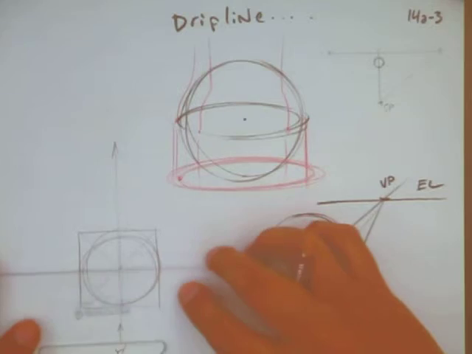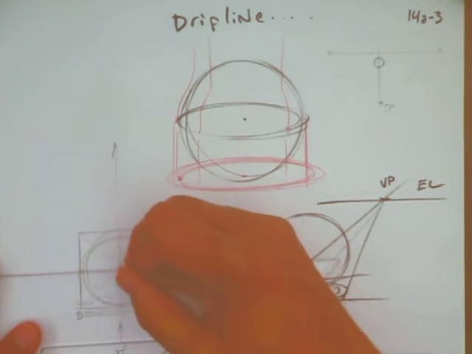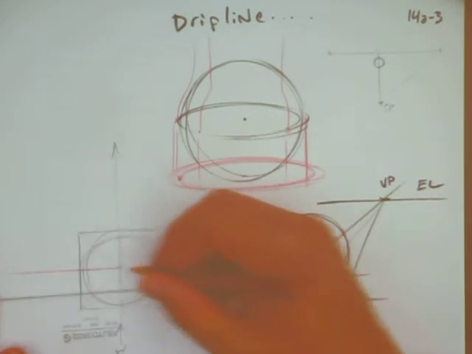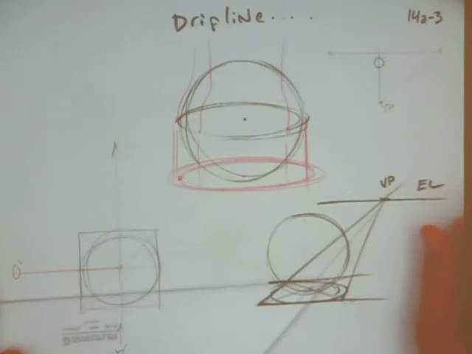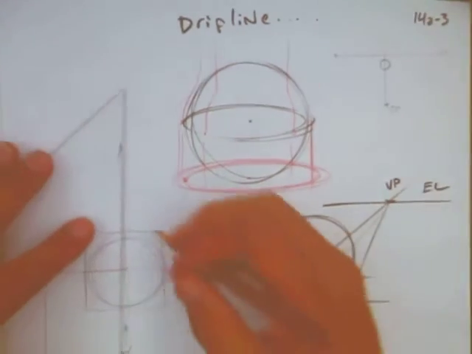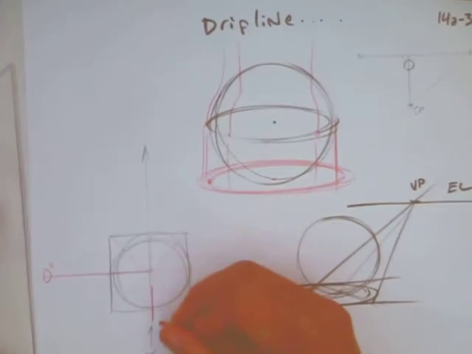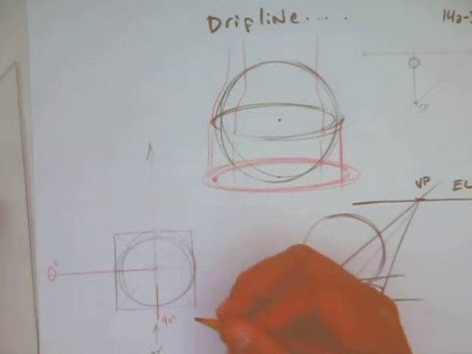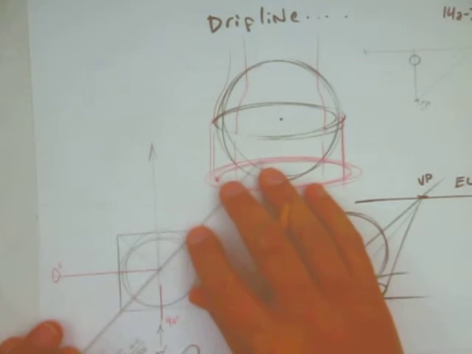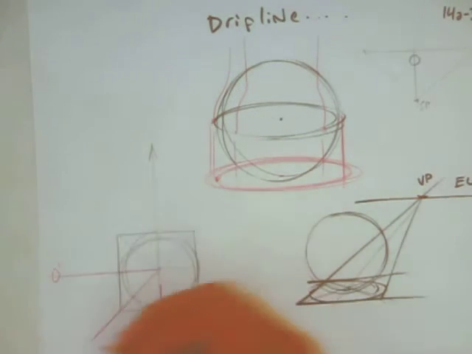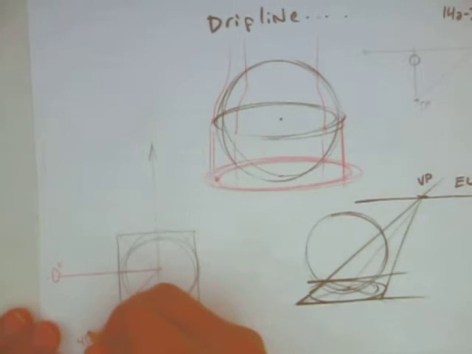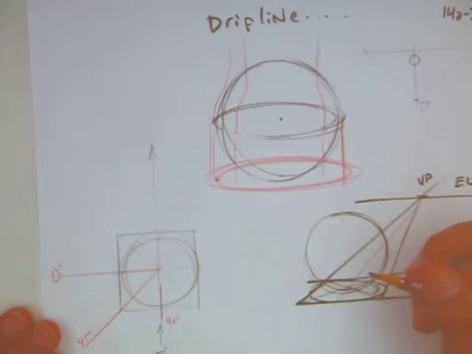Do you see that if the light is coming in on this line, it's a 0-degree ellipse? Do you see if it's coming in on this line, it's a 90-degree ellipse? If it's coming in on this line, 45. You see what I mean?